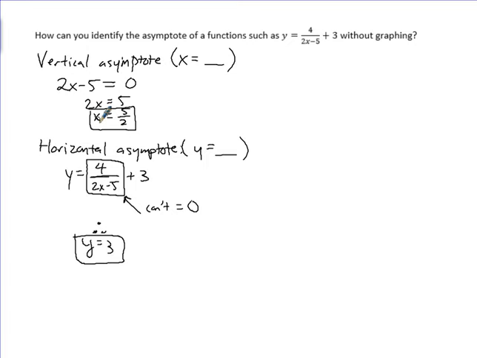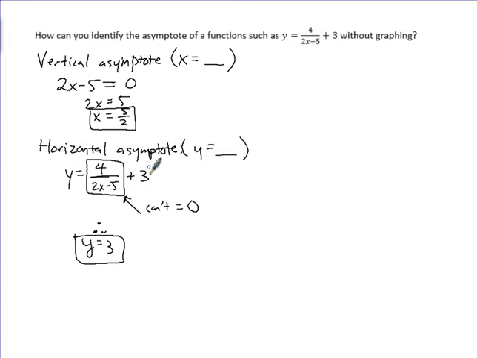It's going to be this line that I approach, but I'm never going to be able to touch. So I set that equal to 0, I solve for x, and there's the equation of an asymptote. x equals 5 halves, or 2.5. So on my function, I would have a vertical line going through 2.5.